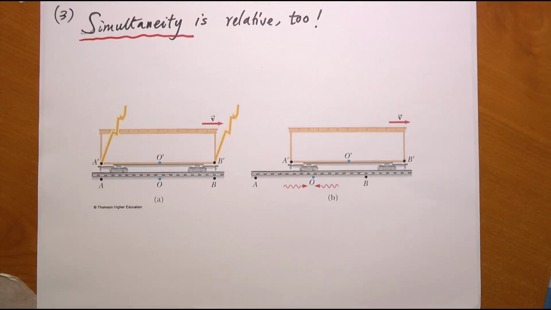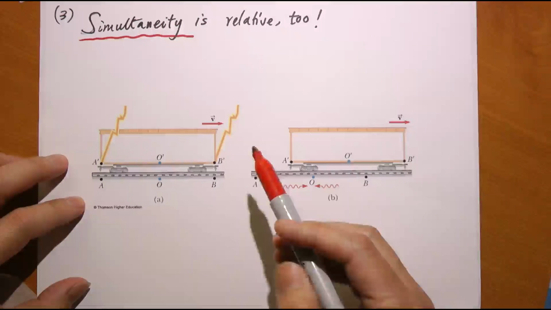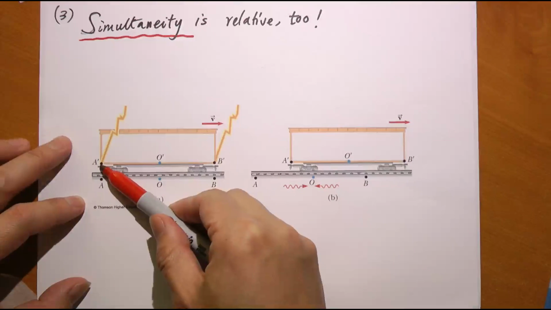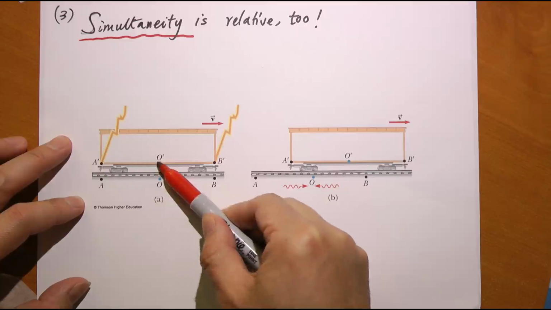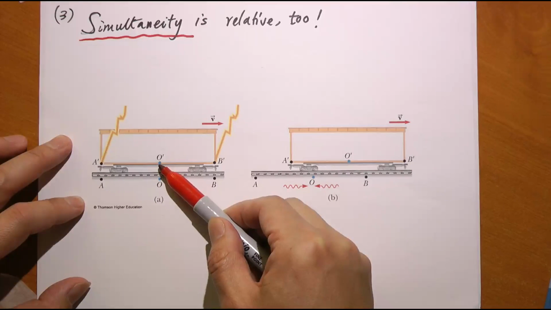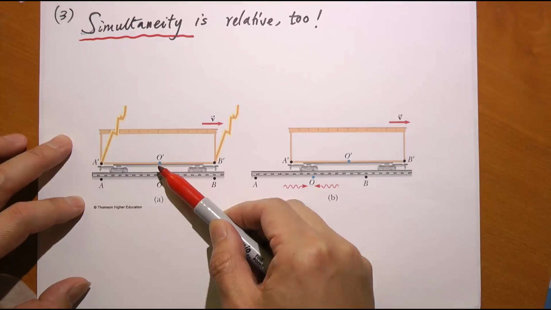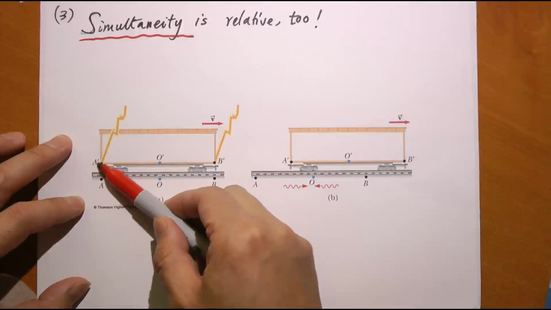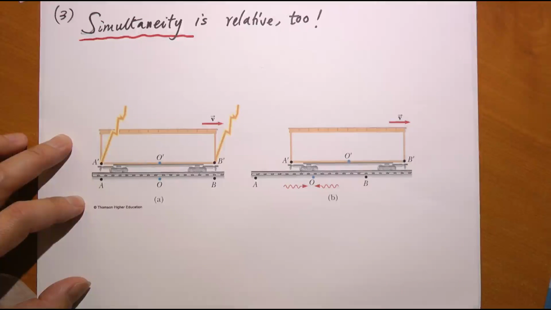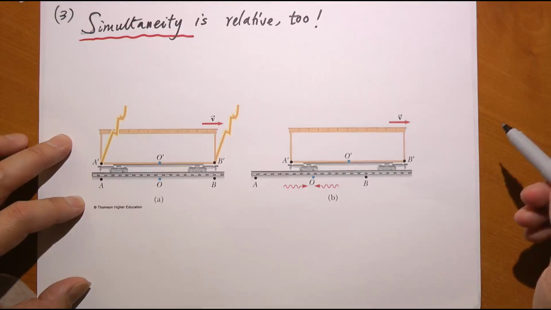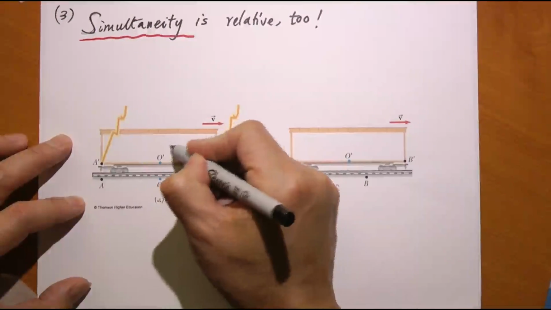Well, not so fast. Okay, because it takes time for this beam to travel from here to there before this observer can see it, right? Now, let's say it took a certain time delta t for the beam to arrive from here to there. During the time delta t, what happened to the car? It has moved. Okay, so O prime is no longer here, but somewhere there, right?